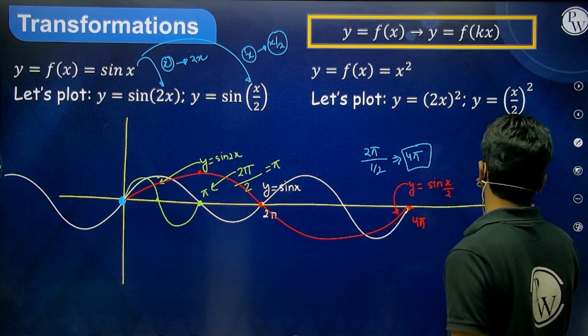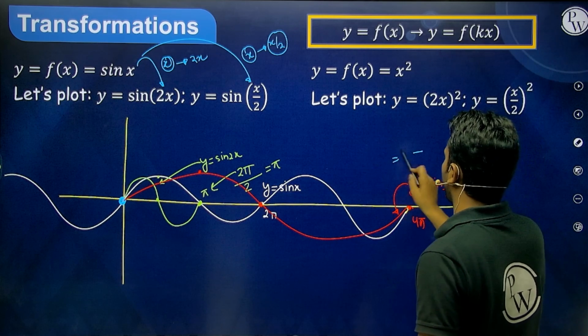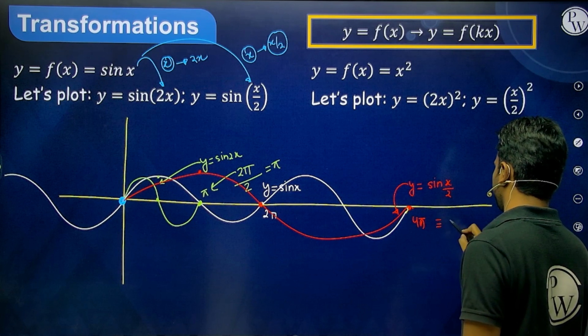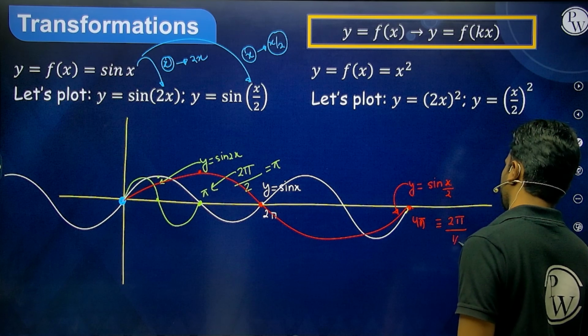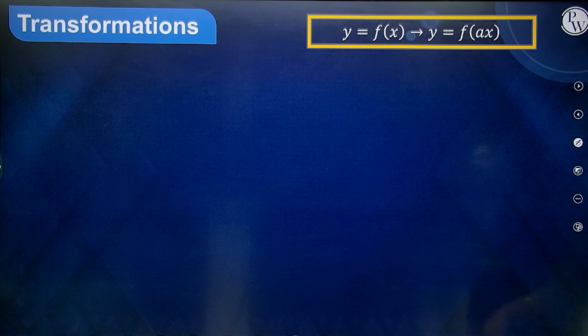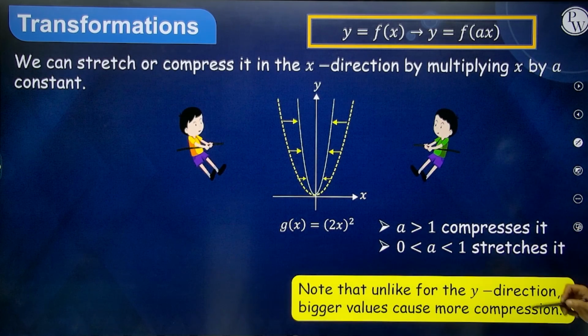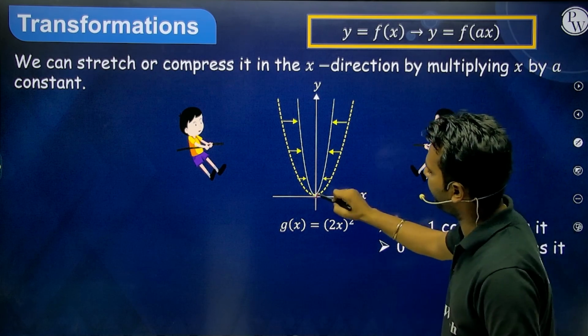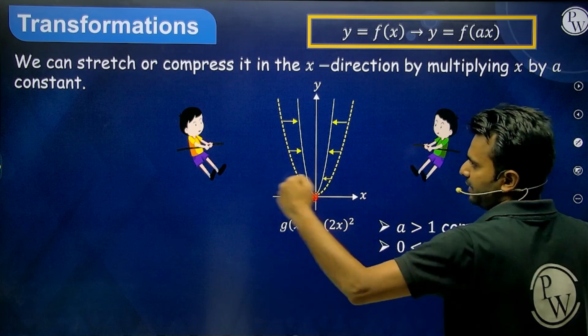Why? As I have told you over here, 2 pi over 1 by 2 you're gonna do. So that comes out to be 4 pi. I hope you are clear with this. Similarly, you can draw these graphs as well. Talking about the stretching, stretching means first hinging the points on the y-axis and then stretching it like this.